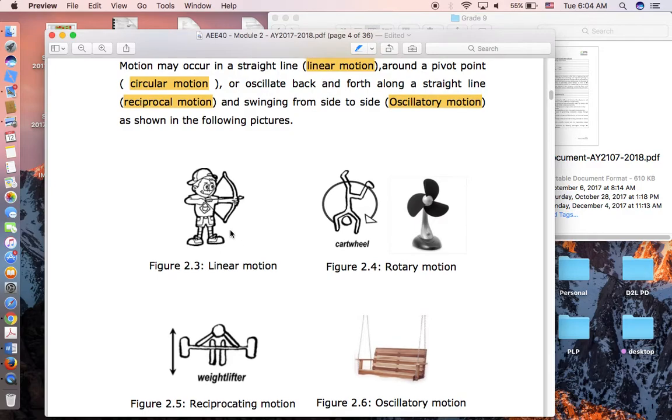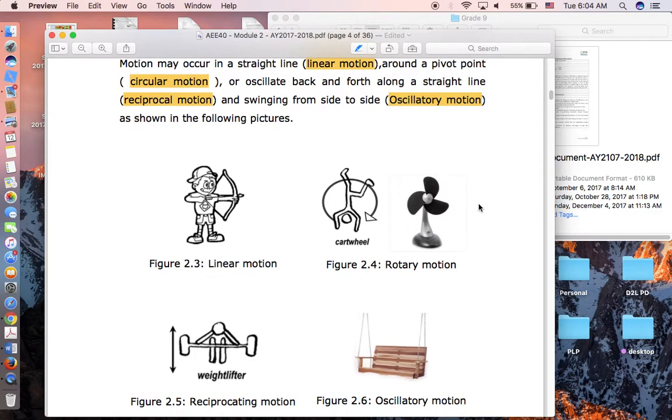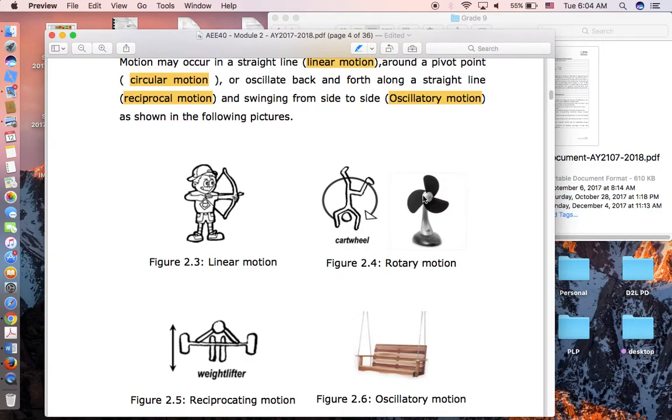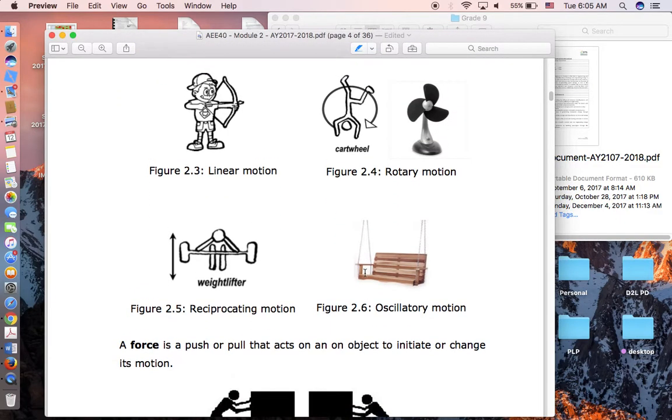Examples of linear motion: a moving car, a shooting arrow, a bullet, anything that moves in a straight line. Rotatory motion is anything that moves in a circular direction: a fan, a clock, the hands of a clock, that's a circular motion too.